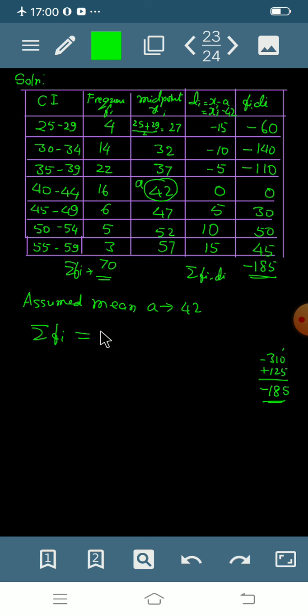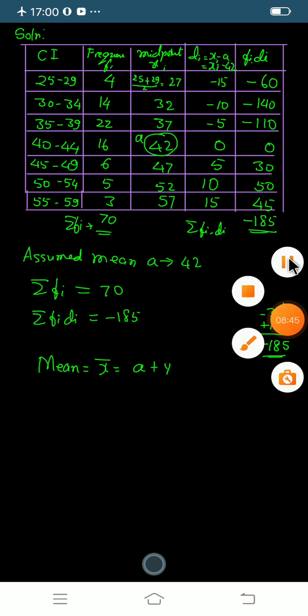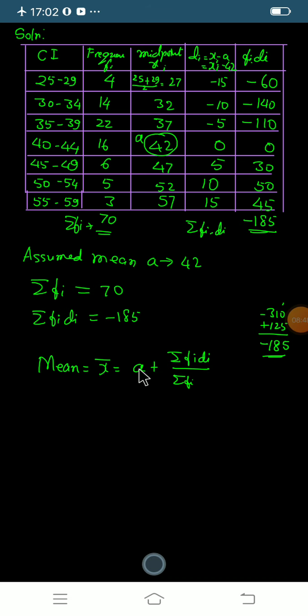Now we have to make use of one formula that you have already known. Summation Fi Di is equal to minus 185, right? Now there is a formula for mean. Mean, x bar, is equal to A plus summation Fi Di divided by summation Fi.